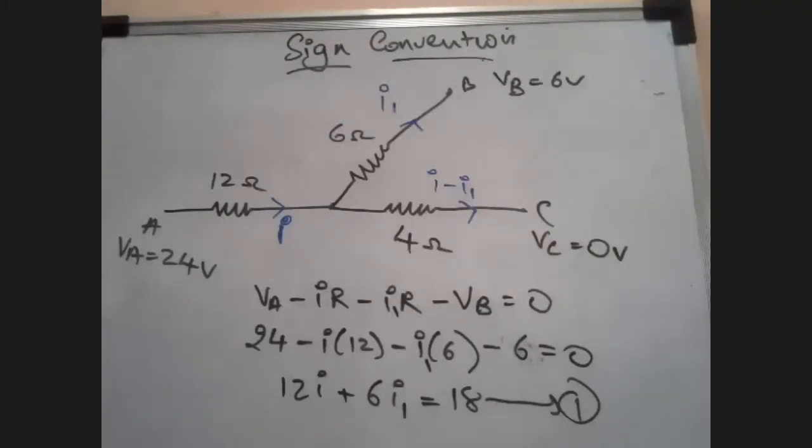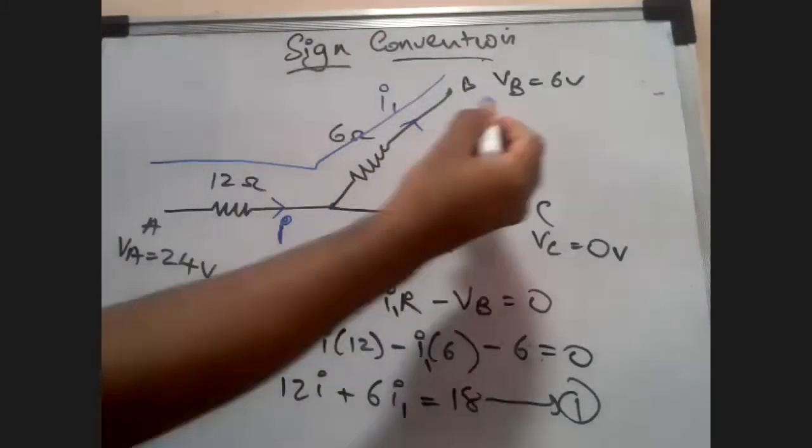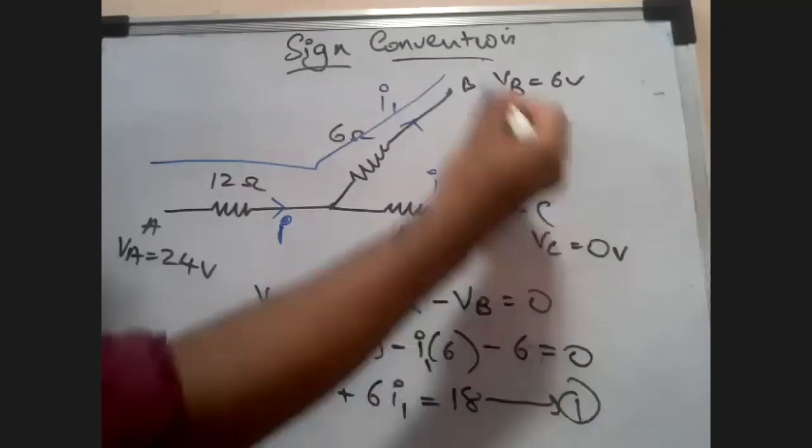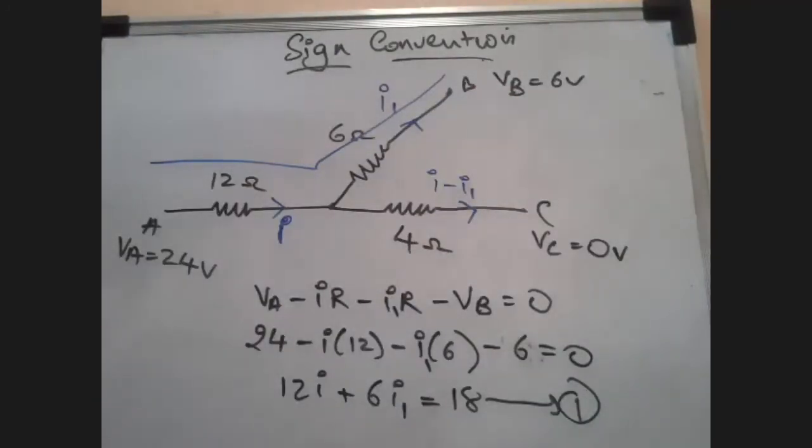What can we take as the second equation? We took this branch. Let's take the other branch. Let's go from B to C. If we go from B to C, what will the equation be?